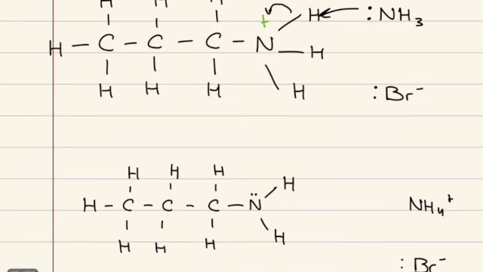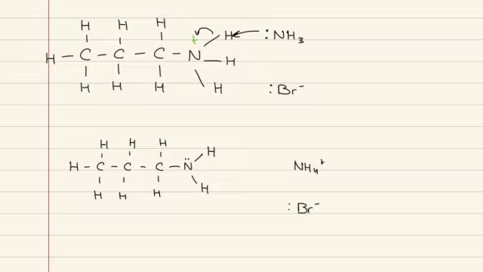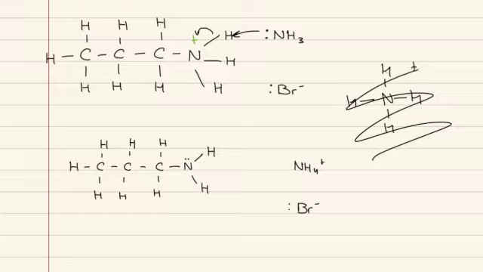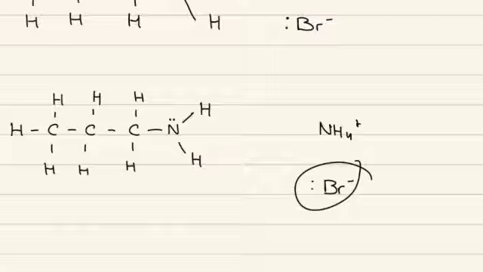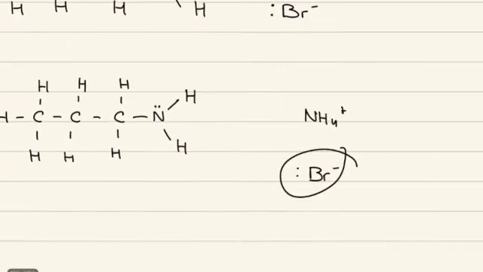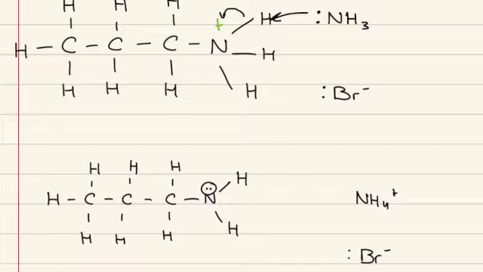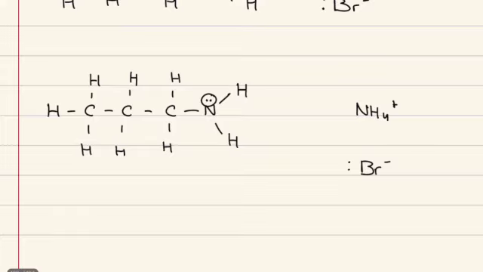So as we can see here, this hydrogen has bonded to NH3, so it will look something like this, with a positive charge on it. And then we still have the bromide that we kicked out of the molecule initially. And then also, we have our lone pair back on our nitrogen, because both the electrons in this covalent bond went back to the nitrogen.